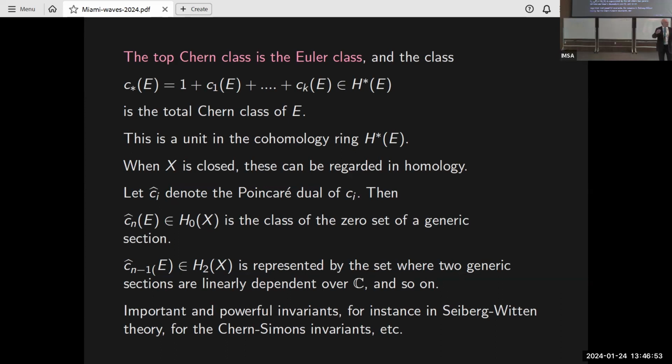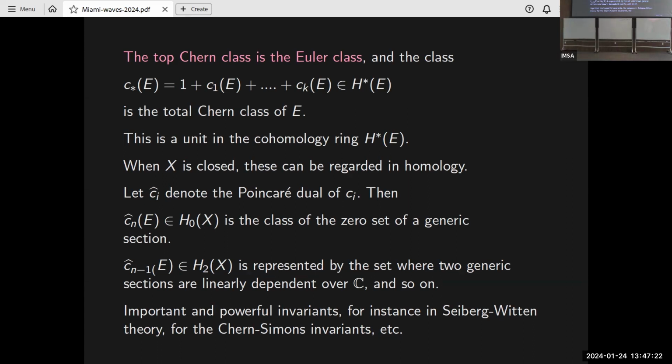And then cohomology classes can be mapped into homology. And we can think of Chern classes as being cohomology classes. Okay? And in that case, they have a very nice geometric interpretation. The top one, which becomes the lowest degree by duality: you take a generic section of the bundle and you look at the zero set.